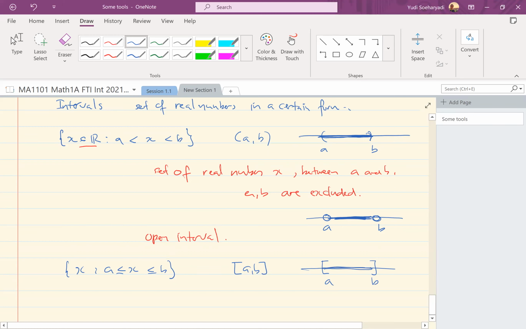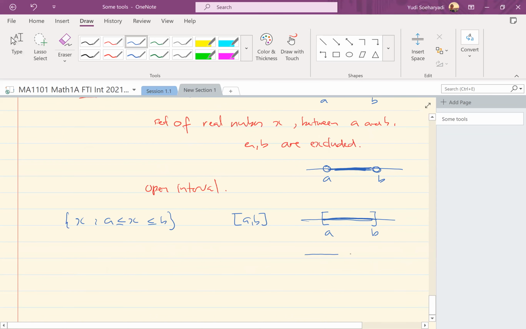So everything's between A and B. And sometimes you write this one also. I use it quite often. Okay, there is a dot here. Solid dot.